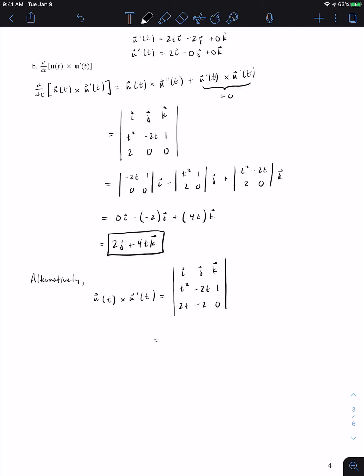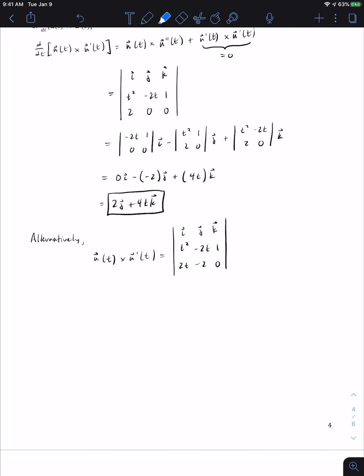When I compute this cross product, I end up getting negative 2t, 1, negative 2, 0 for i, minus t squared, 1, 2t, 0 for j, plus t squared, minus 2t, 2t, minus 2 for k. So in this case, I get positive 2i because it's minus negative.